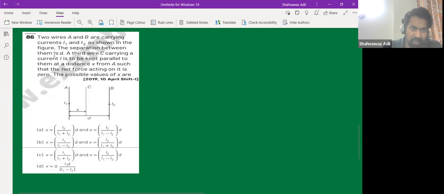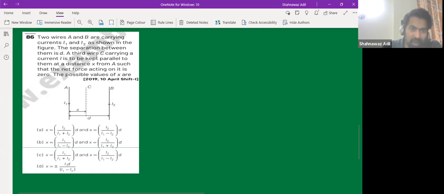The separation between them is d. A third wire C carrying a current I is to be kept parallel to them at a distance x from A, such that the net force acting on it is zero. The possible values of x are. So this we have to find out, right?